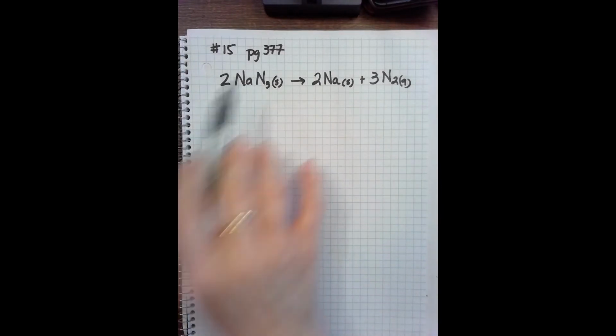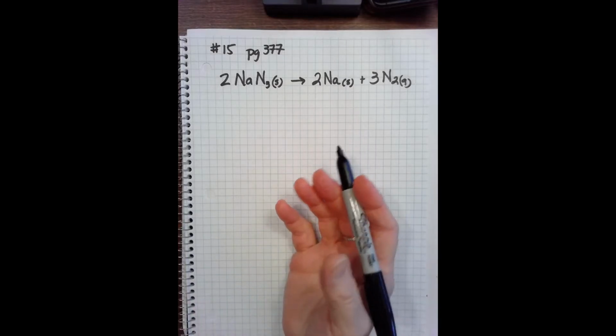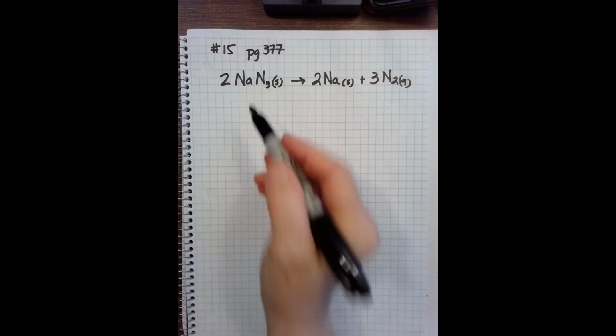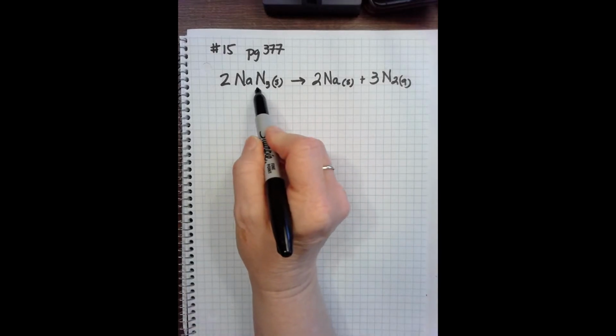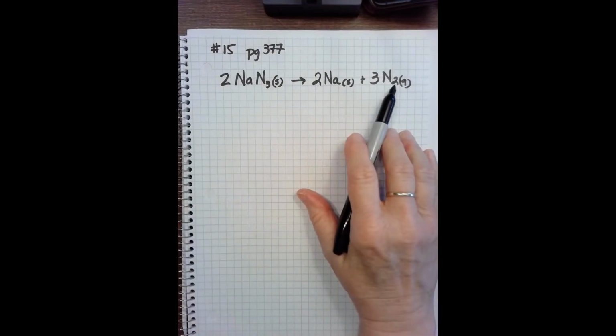This is on page 377 in your textbook. This is actually how your airbag works in your car. It says, one of the reactions used to inflate automobile airbags involves sodium azide, NaN3, and then this is the reaction. And they gave us the balanced equation for this.